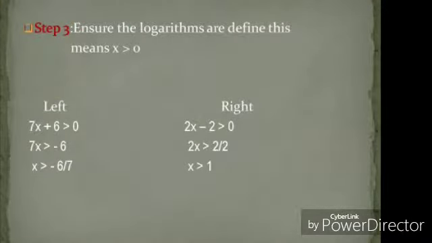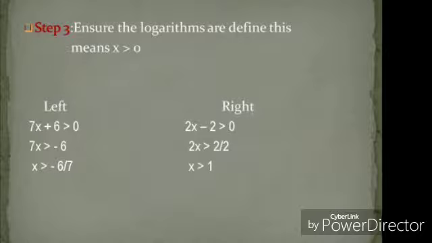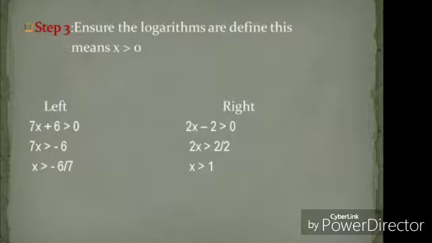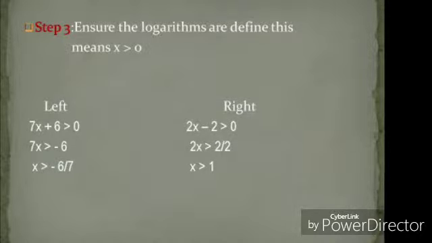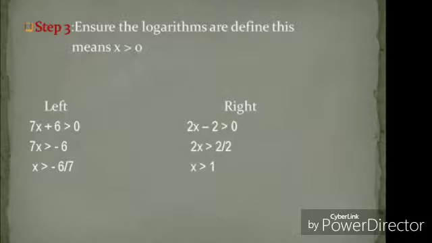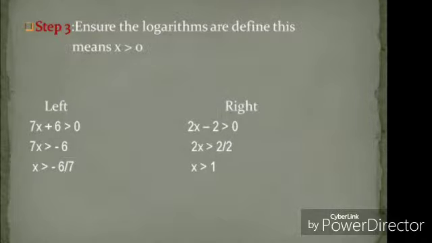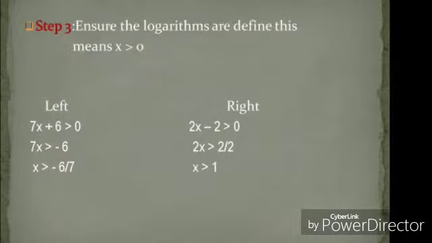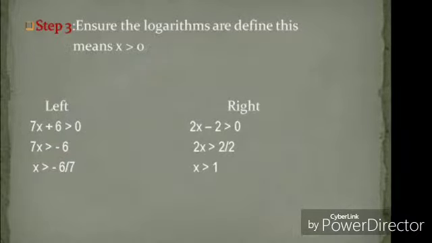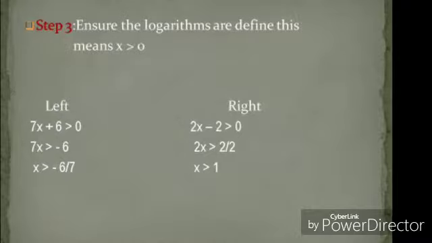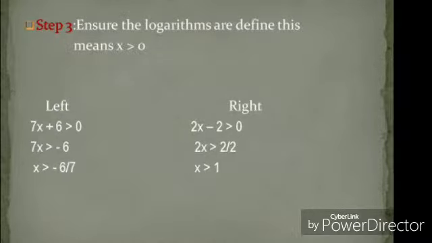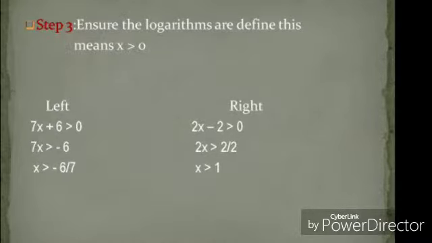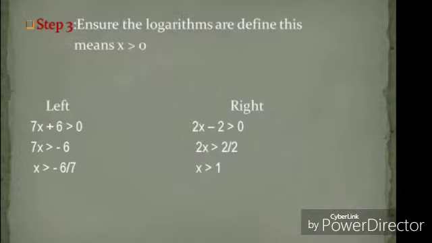Step 3. Ensure the logarithms are defined. This means x is greater than 0. We indicate that there is a left equation and a right equation that surrounds the inequality sign greater than. Left. The first step is 7x plus 6 is greater than 0. In the second step, the positive 6 we move to the other side.